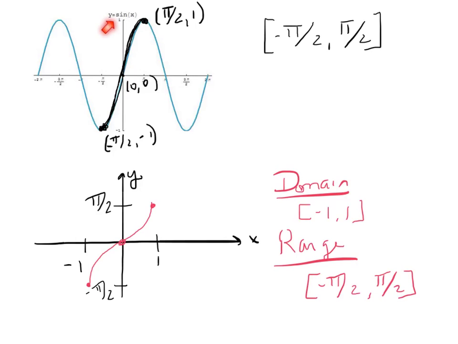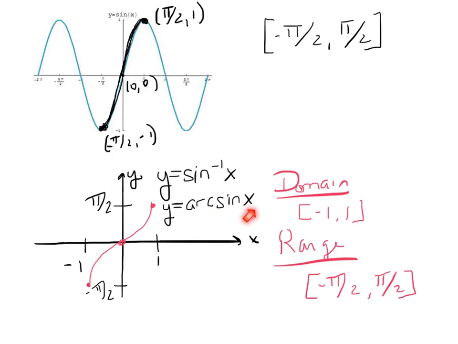If we restrict the domain, we end up with a function that's 1 to 1, which means that we can draw an inverse function. And this is the graph of inverse sine. Sometimes you see this written instead as arc sine. These mean the same thing here, inverse sine and arc sine.